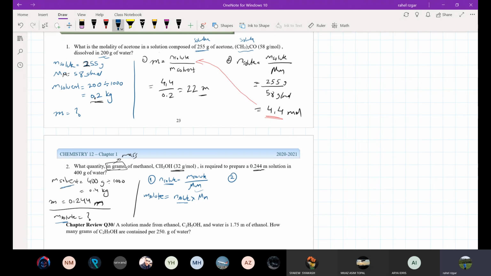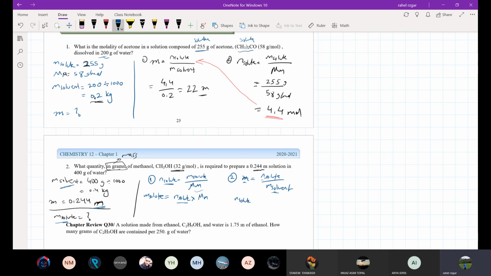We have mass of solvent and molality. Molality is equal to mole of solute divided by mass of solvent. Now you are trying to find mole of solute. Molality is given, and mass of solvent is also given.